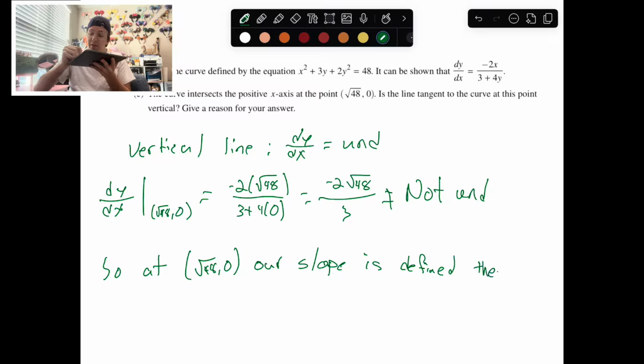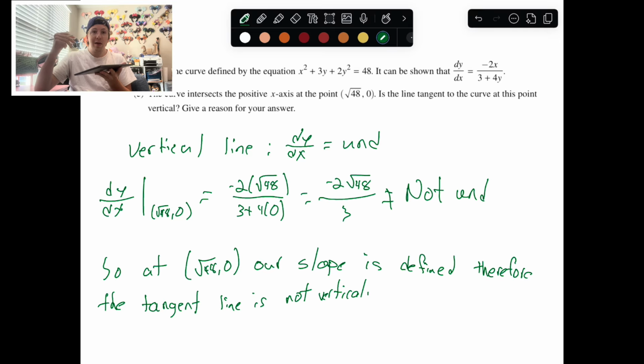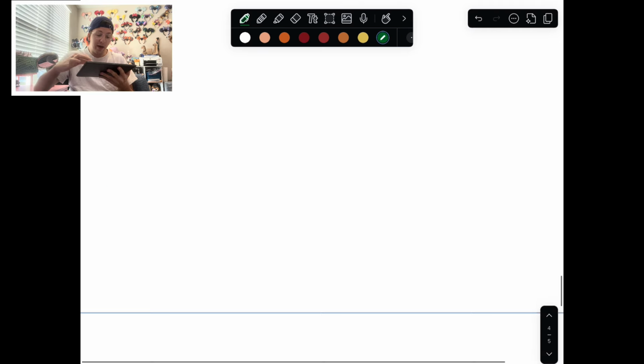Therefore, the tangent line is not vertical. Beautiful. All right, let's go to this last problem here.